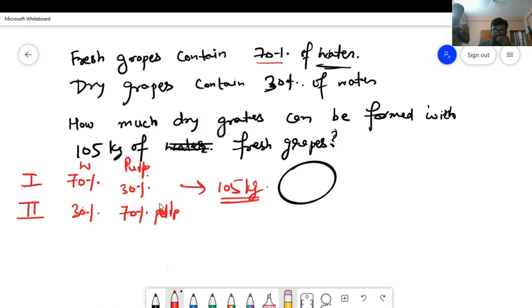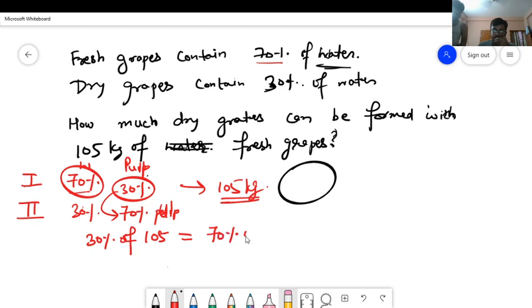In 105 kg, we cannot say that this will remain constant, but this will remain the same, right? So 30% of first mixture, that is 105 kg, we can say that it would be equal to 70% of the second mixture, that is X. Quantity of second mixture is X kg.